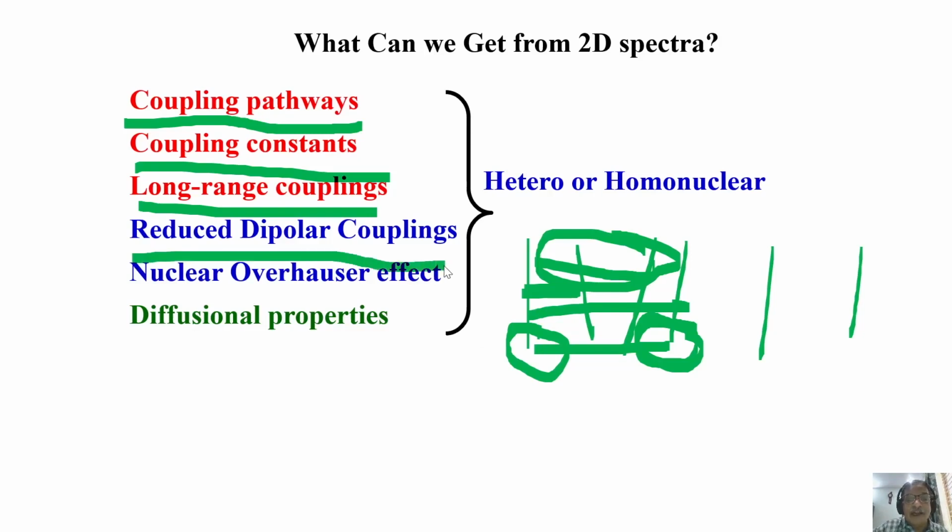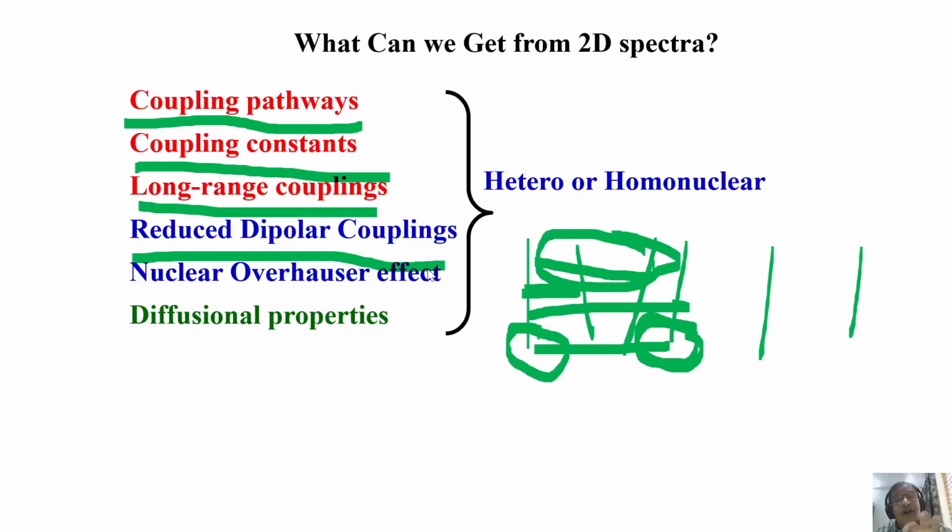You can get information on residual dipolar couplings. This is another piece of information you get when you partially align the molecule. I said in the very first class that NMR can be studied in solid state, solution state, liquid state, and also in a liquid crystalline phase, where you can partially align the molecule, so that partially averaged dipolar coupling, chemical shift anisotropy, etc. get reflected in the spectrum.